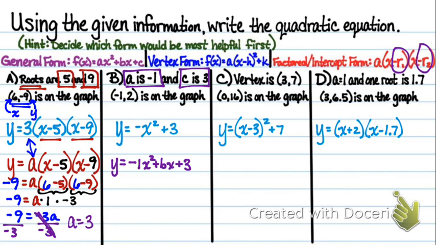So what happened to that b value? I have to find it. I'm going to use this ordered pair right here. I'm going to put negative 1 in for x. So negative 1 squared plus b times negative 1.